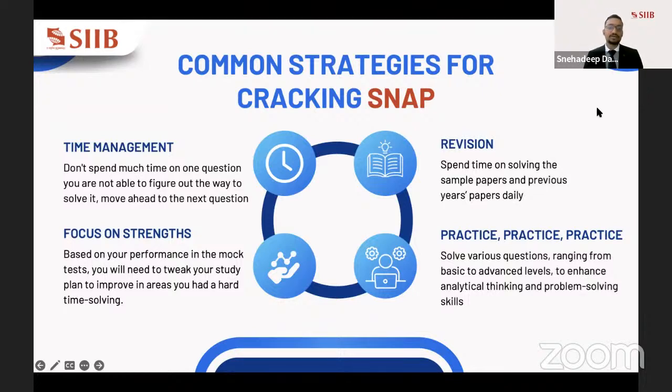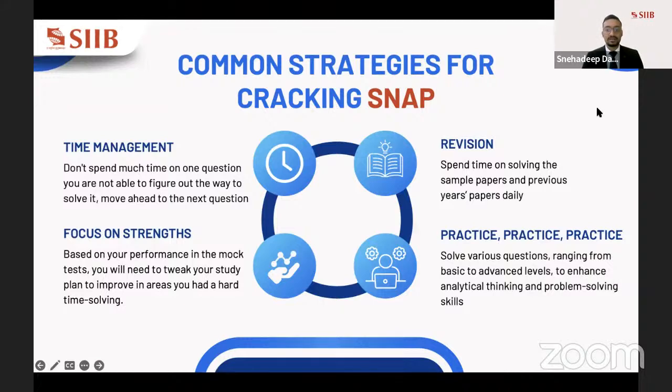So you need to focus on your strengths, and also you need to work on your weak areas to make them into strengths so that it will help you moving ahead in the SNAP entrance exam. And you need to revise a lot. So revision is something that you need to do while appearing for the SNAP entrance exam.